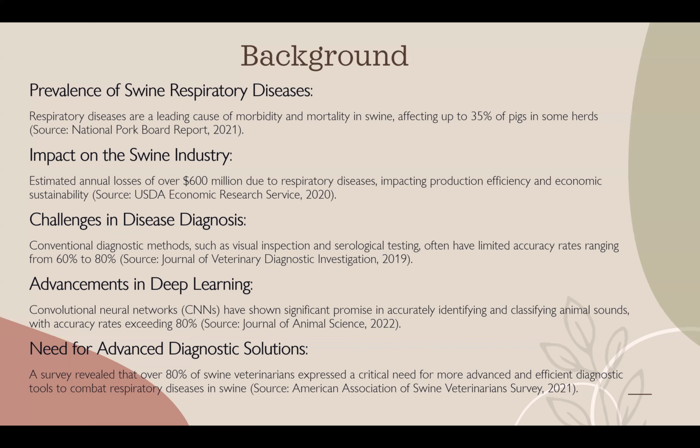Whereas convolutional neural networks, which are deep learning models, have shown a significant improvement in classification accuracy rates, exceeding about 80%. A survey was conducted where 80% of swine veterinarians expressed a critical need for more advancement in effective diagnostic systems to combat respiratory diseases in swine.